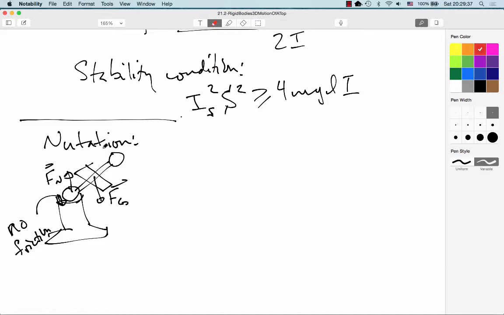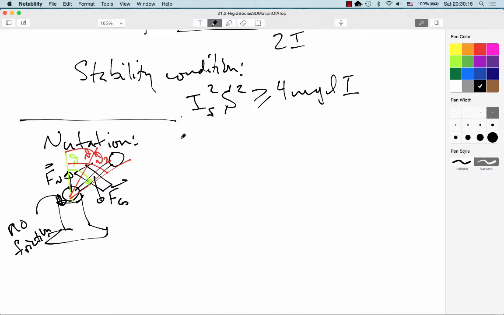This nutation, it's going to bob up and down. So we'll say that the angle we make with respect to vertical is theta, and that as we bob back and forth, we will bob back and forth between angle theta 1 and angle theta 2. Sorry for the clutter there. That's the end game that we're getting to. So now let's go ahead and derive that.